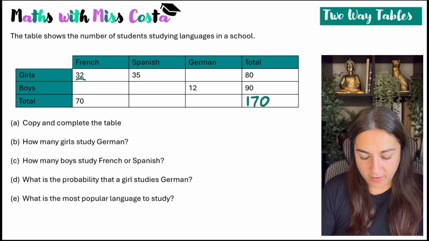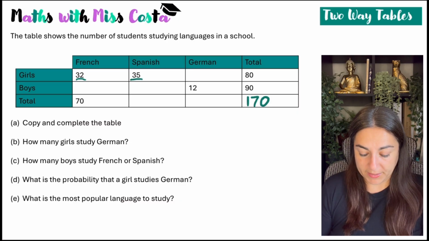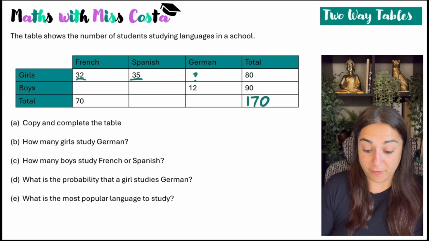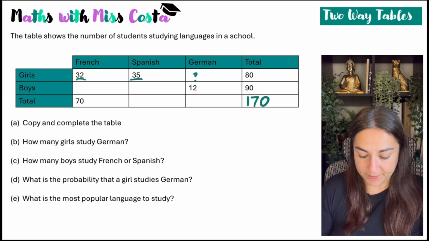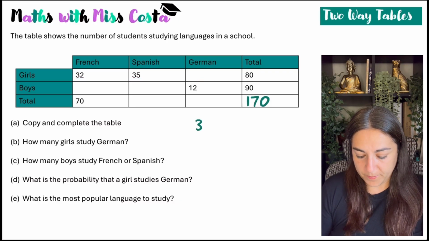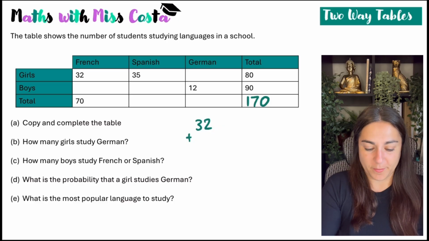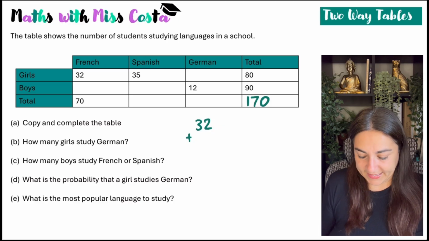Next, I'm going to look for just one gap in either a row or a column. Over here, I know 32 girls like French, 35 girls chose Spanish, and there's a missing number here. But I know that 32 plus 35 plus the question mark must equal 80. So I'm going to add 32 plus 35, and maybe we can use a calculator to speed it up. 32 plus 35 is 67.